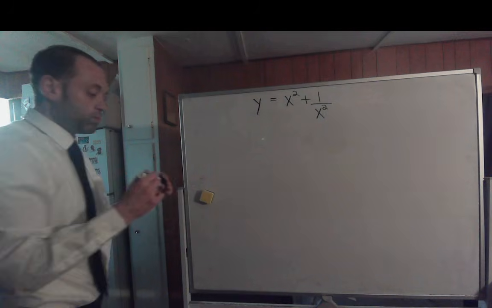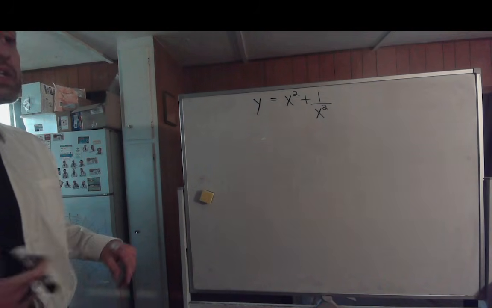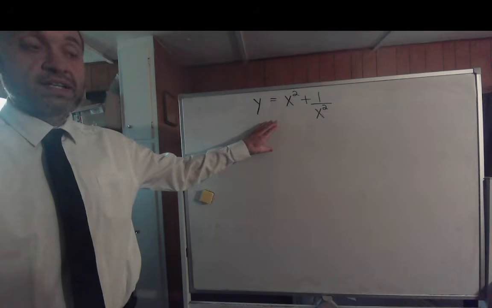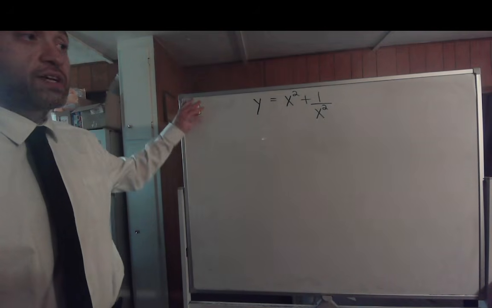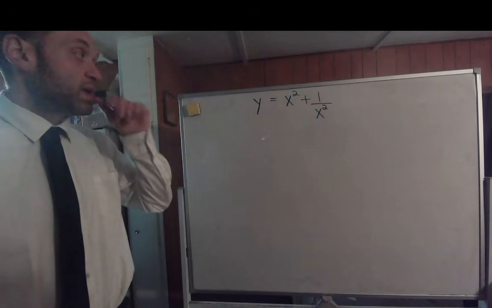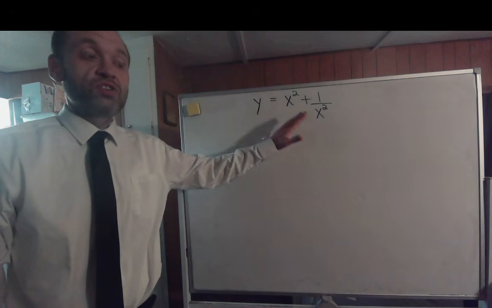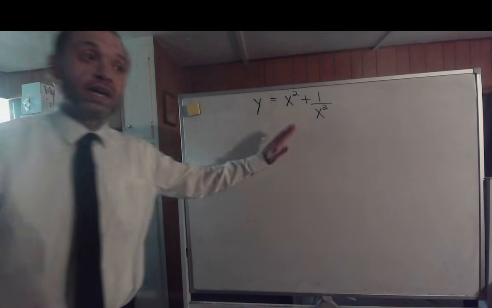So of course we want to find the derivative. Sometimes using dy dx notation is very nice. How are we going to use that to find the derivative? Well, each piece you're going to take the derivative of with respect to x.